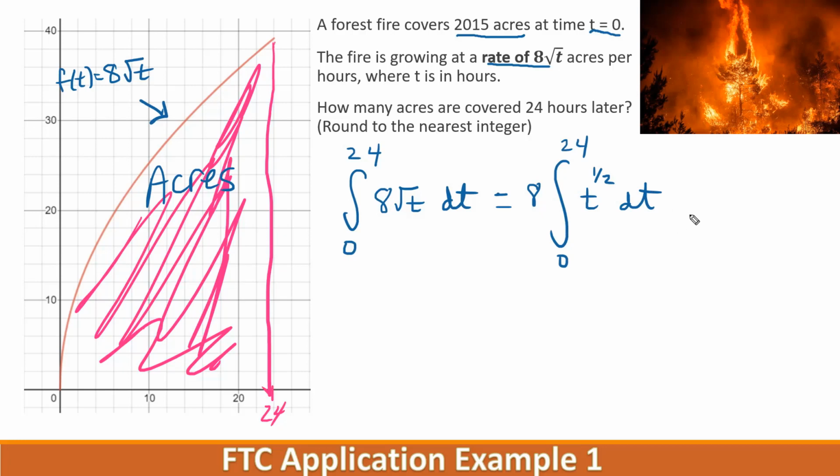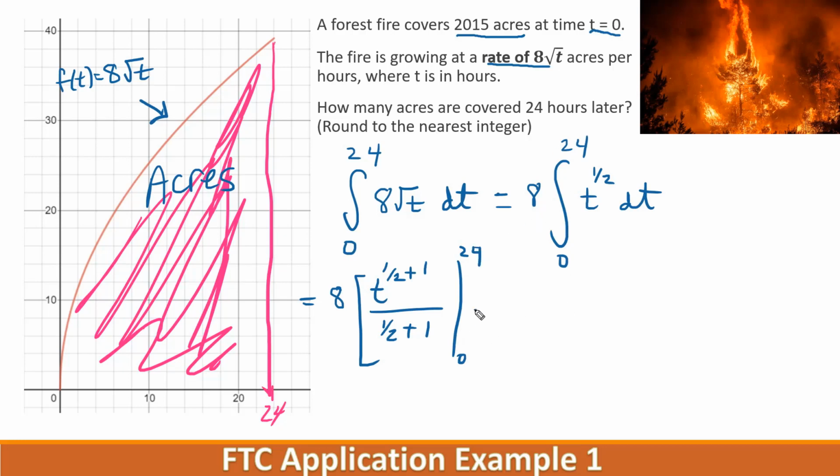Now from here, I can actually use my power rule that says this would become t to the 1/2 plus 1 over 1/2 plus 1. And this is what I'm going to be evaluating from 0 to 24.